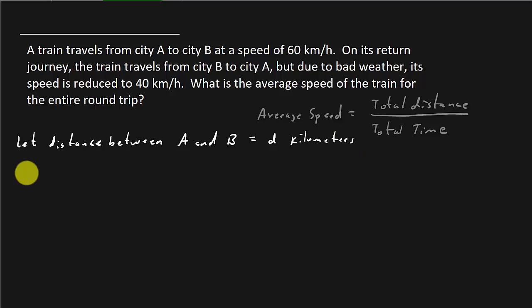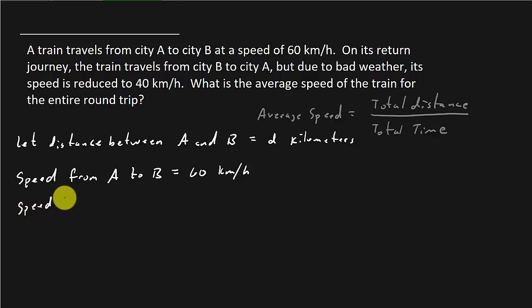All right, and we know that the speed from A to B is equal to 60 kilometers per hour.